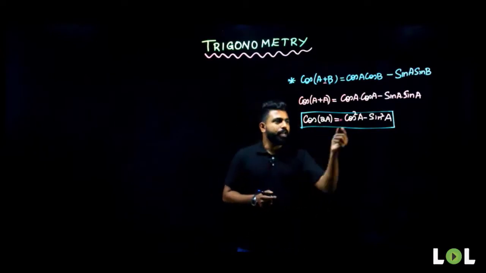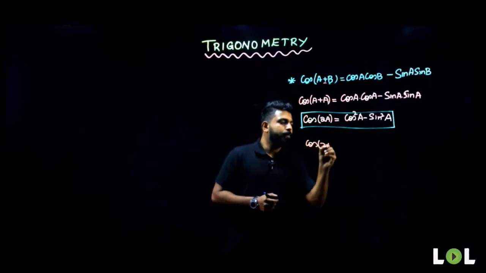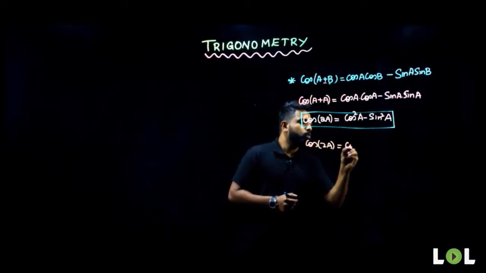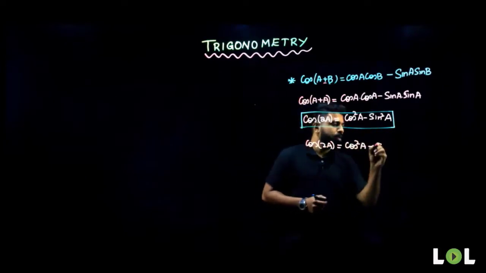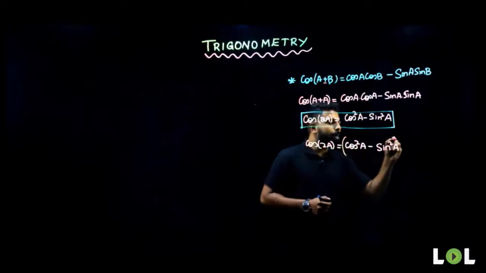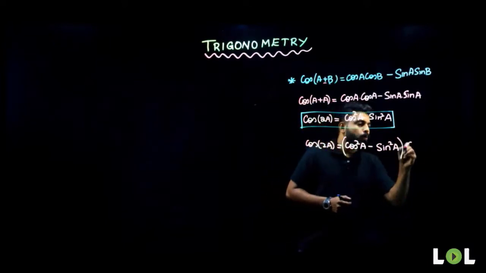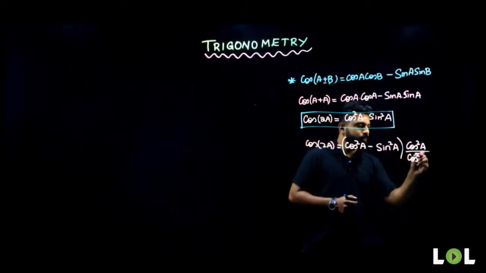Now I take the same formula, that is cos of 2a will be equal to cos square a minus sin square a. What I do is, I multiply and divide the entire expression by cos square a.